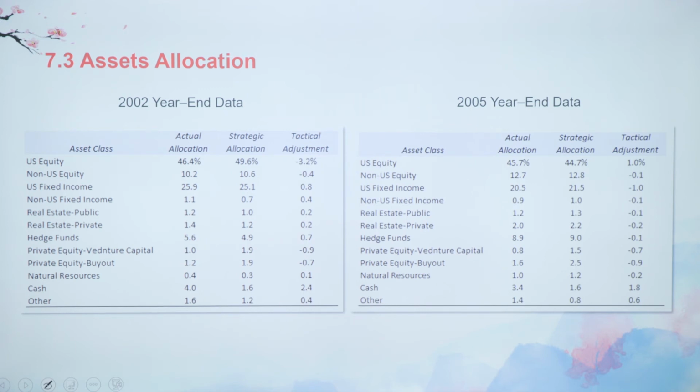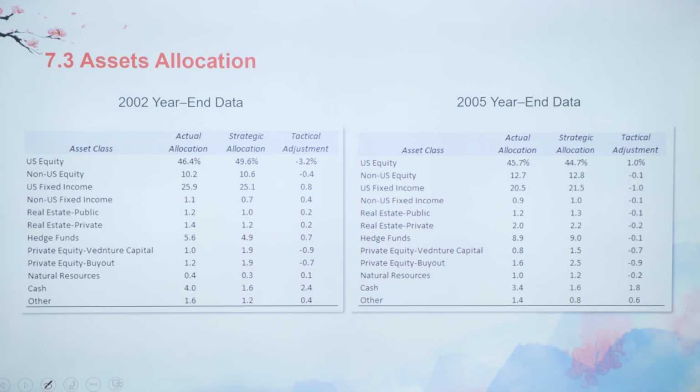And this example here shows the tactical adjustment made by the fund manager. The adjustment can be measured as the difference between the actual and strategic asset allocation. The fund manager went from being underweight in the U.S. equity categories in 2002 to being slightly overweight in 2005.